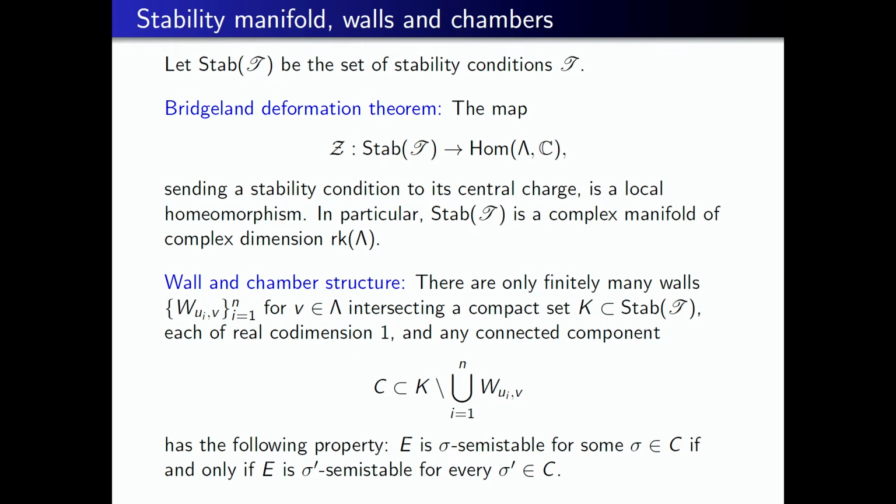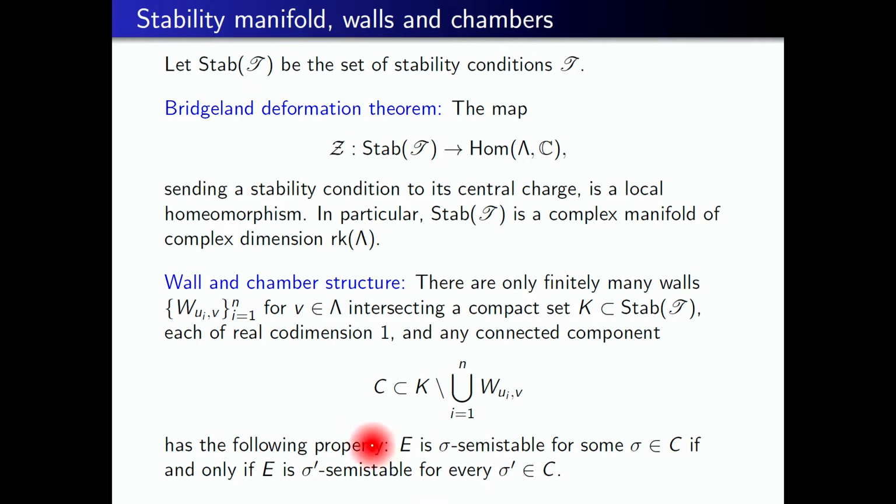This means that in any compact set, there are only finitely many codimension 1 submanifolds called walls that divide this compact set into chambers. So you look at the complement of the compact set minus the real codimension 1 subvarieties, the walls, and this will give you a bunch of chambers.